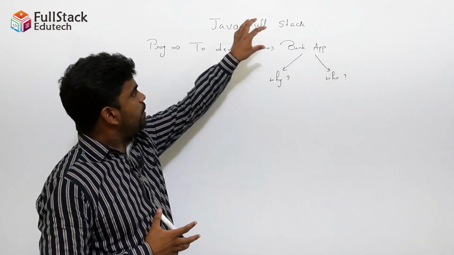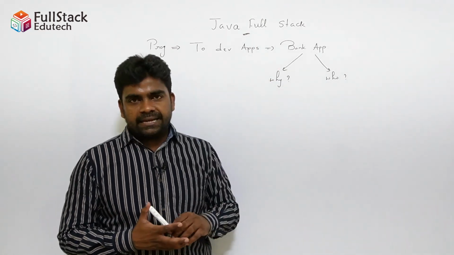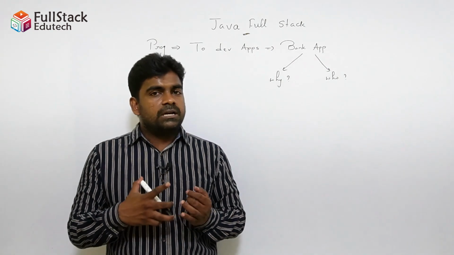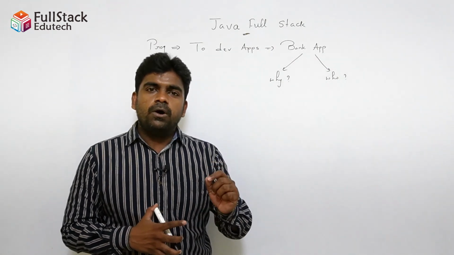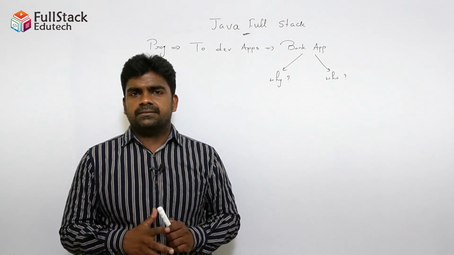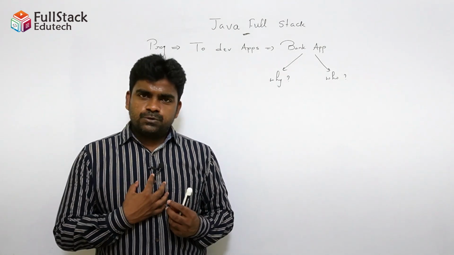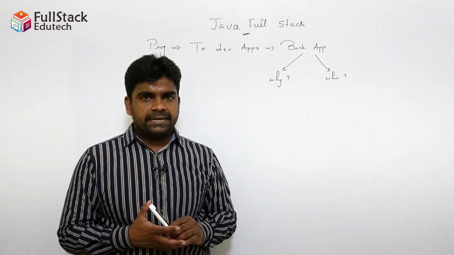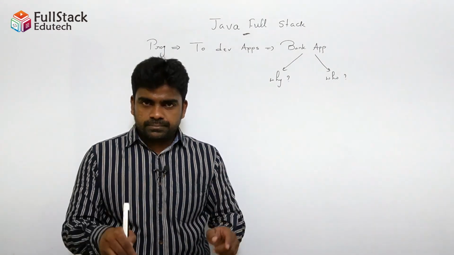Now as a full stack developer, how can we implement this banking application? What technologies do we have to learn? What frameworks do we need to learn, and where exactly do we use all these things? Simple one. For example, I am the customer and I want to open an account at the bank. When I enter the bank, a bank employee will give me a form.